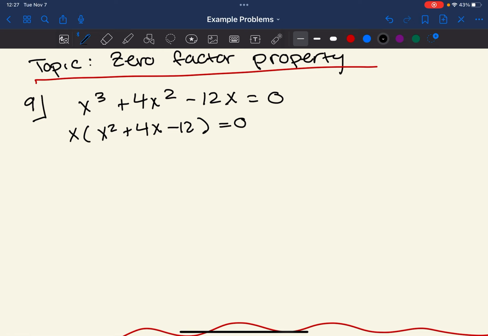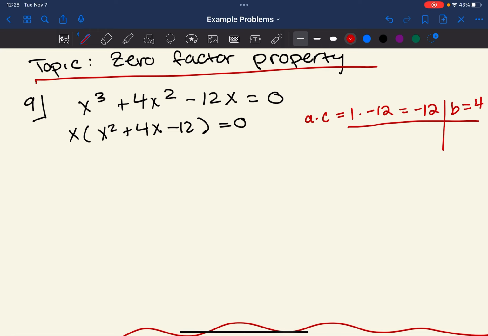I'm going to ignore that GCF for now, and I'm just going to worry about factoring what is inside the parentheses. I'm going to do that using the AC method. So I'm going to do a times c, which is 1 times negative 12, which gives me negative 12, and our b value is 4.